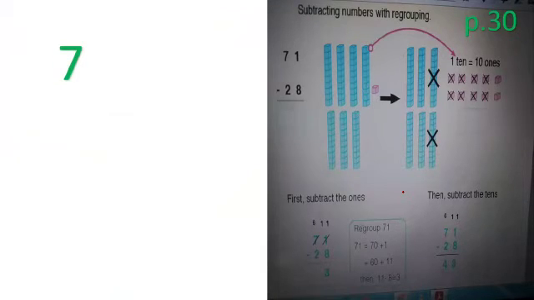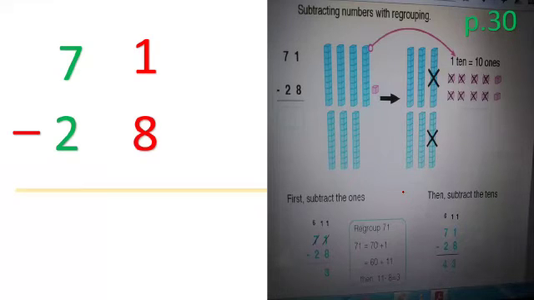Let's have an example. We have this number 71 and we have another number 28. We are going to subtract 28 from 71. First we subtract the ones.